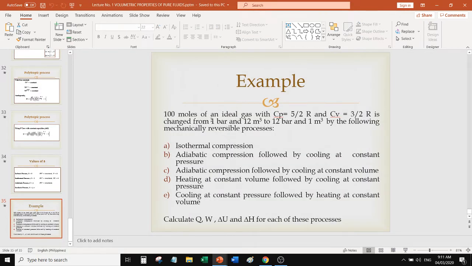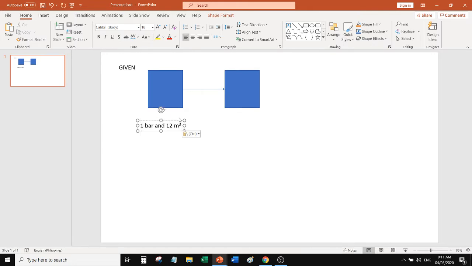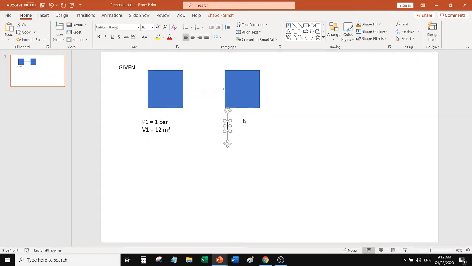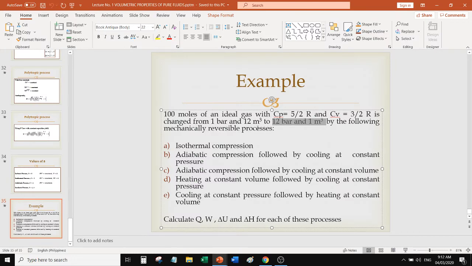So we have 1 bar and 12 meter cube. P1 equal to 1 bar, V1 equal to 12 meter cube. The first state would be called state 1 and the second state would be state 2, with P2 and V2.